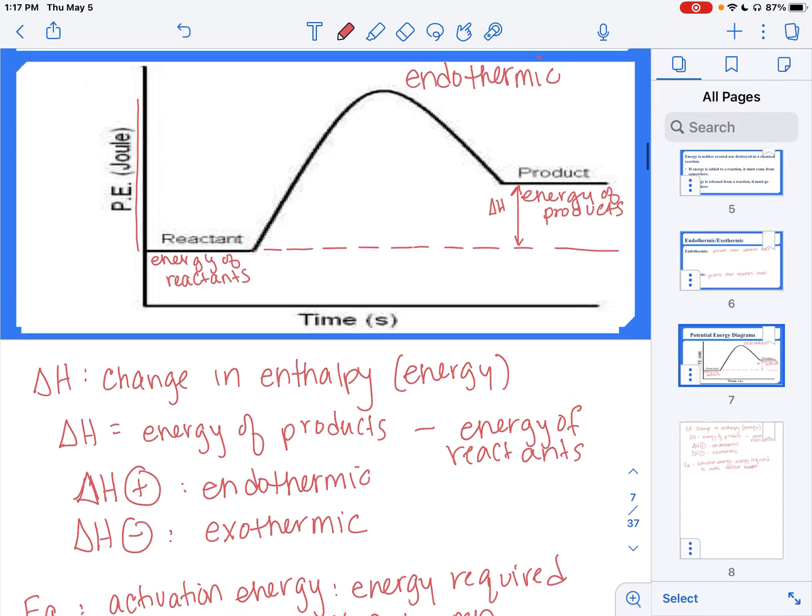On our graph, we need a certain amount of energy to make the reaction happen. So we start here on this little dotted line that I made. And the most energy we would need is this little bump. So that right there is the activation energy. We would have to add enough energy to go from where we start, that energy of reactants, all the way to the top of the graph.